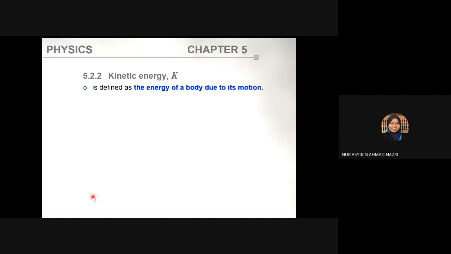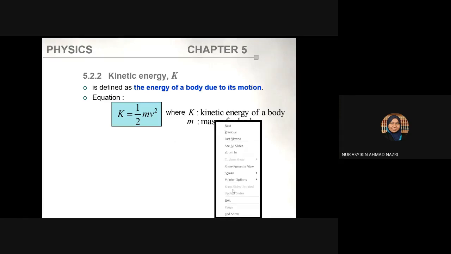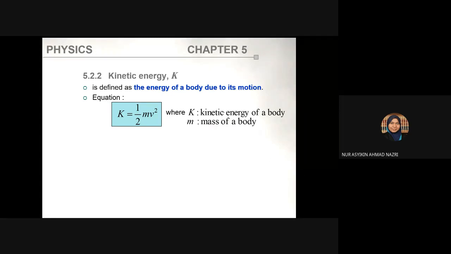So let's introduce. I want to introduce to you sempat kot kinetic energy sikit. Okay. It's defined as the energy of a body due to its motion. So half mv squared. So maksudnya sekarang ni kalau dia kata at rest je terus tak ada dah, tak wujud dah kinetic energy ni.